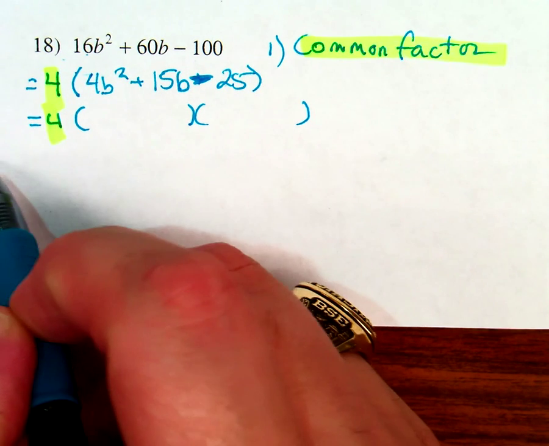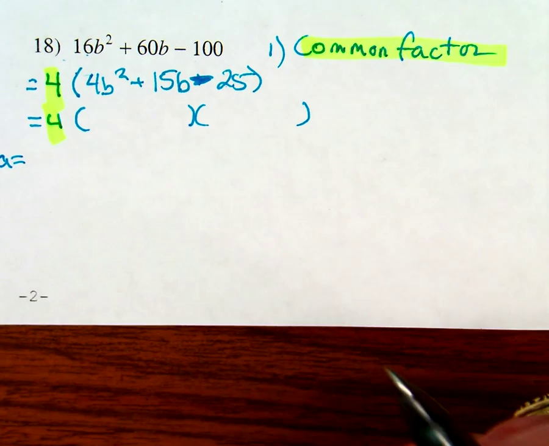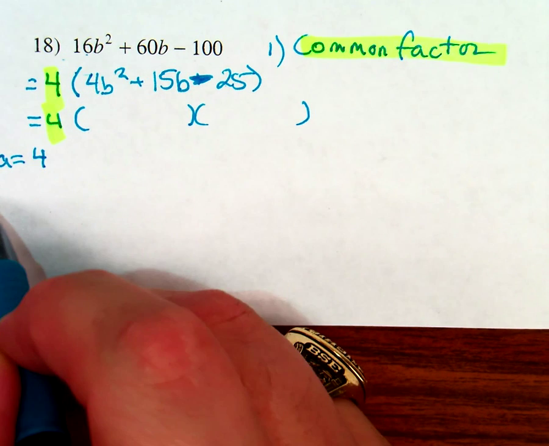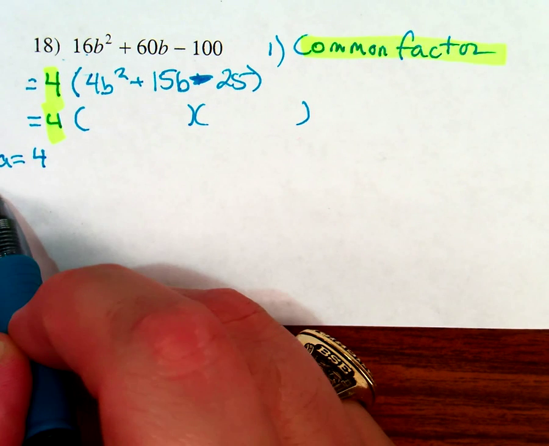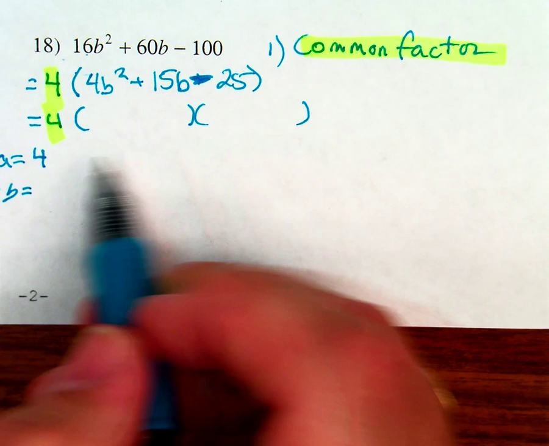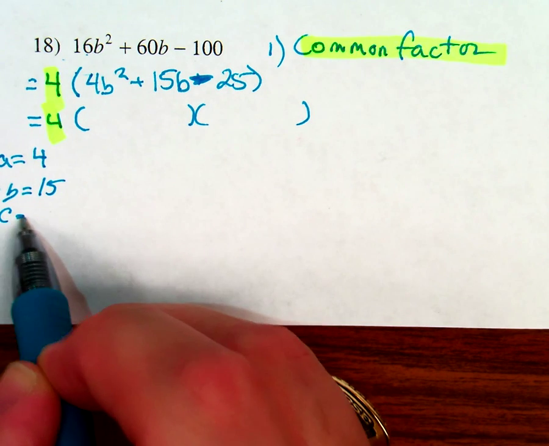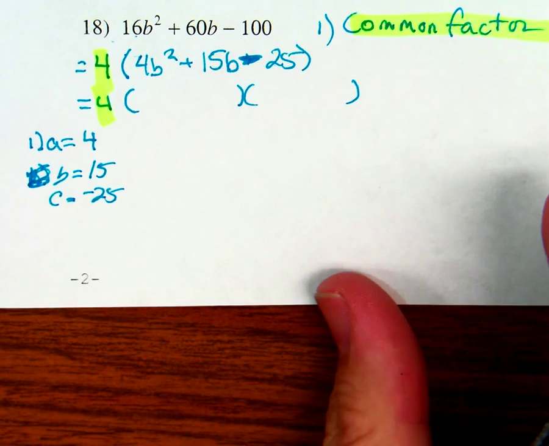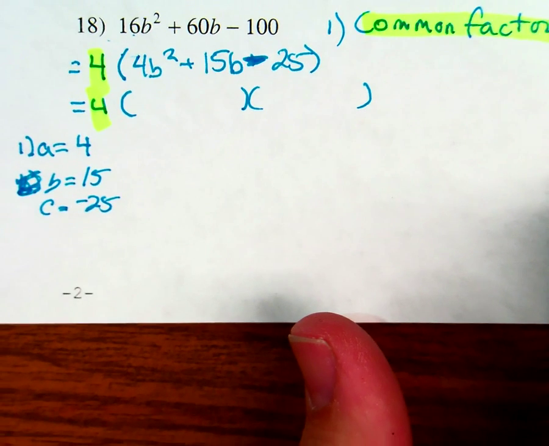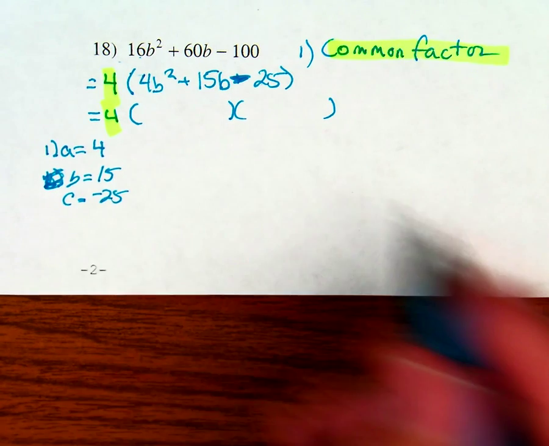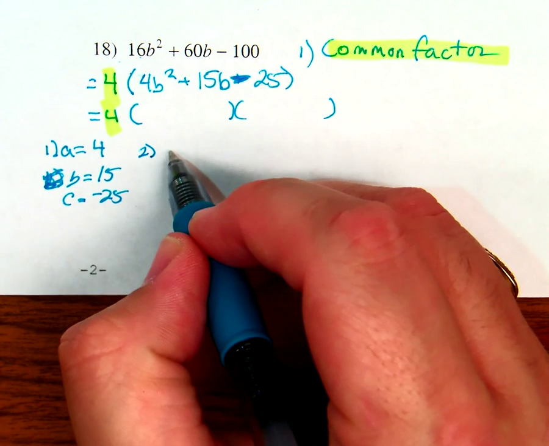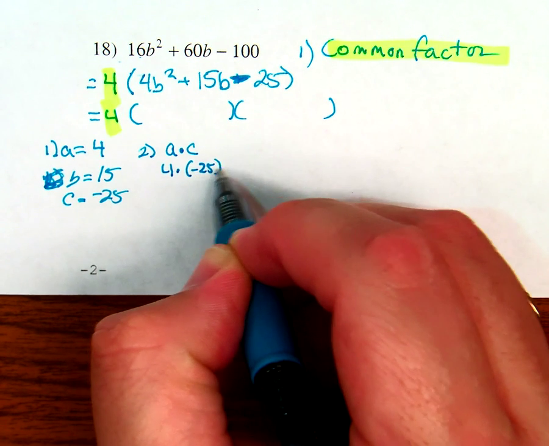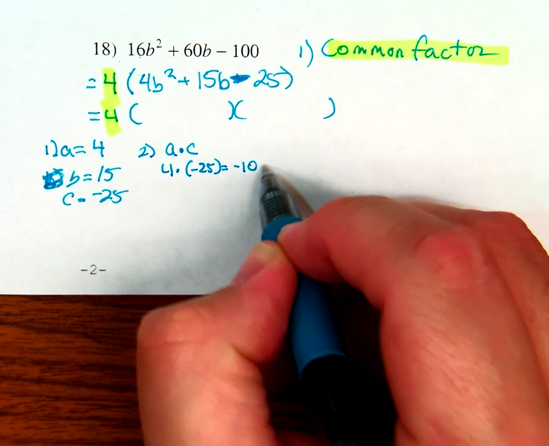Now, next, what's my a value? From our new polynomial, a is 4. I need my b value. B is 15 and c is negative 25. All right, so now, step 2, what's a times c? I need 4 times negative 25, which is negative 100.